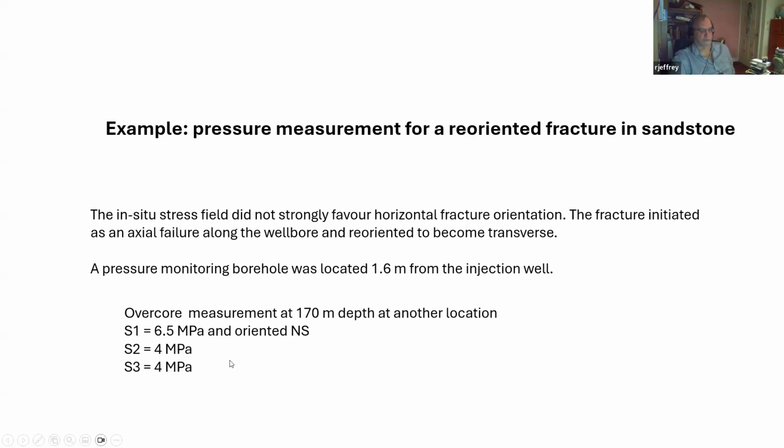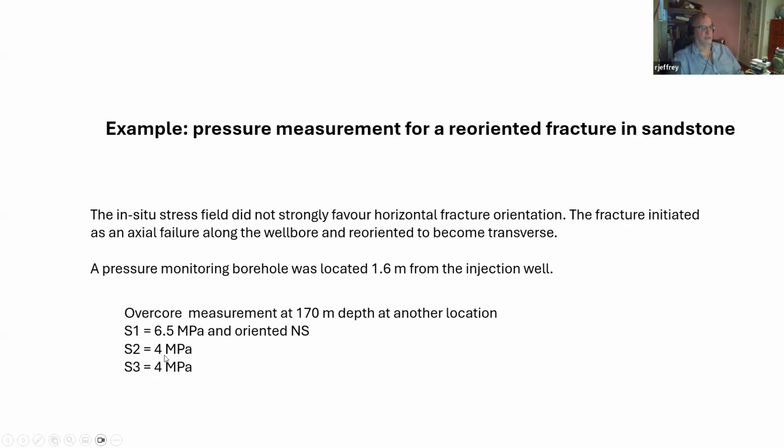And the stresses were about balanced as far as the minimum and the intermediate principal stress. They were something like 4 for the vertical stress, the minimum stress. Well, the minimum stress was actually the subhorizontal stress, and it was about 3.8.